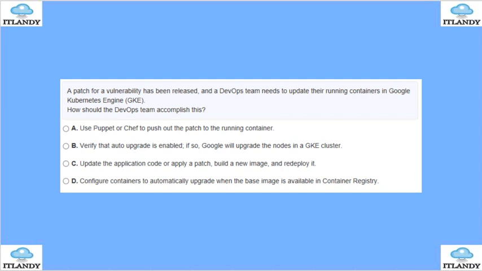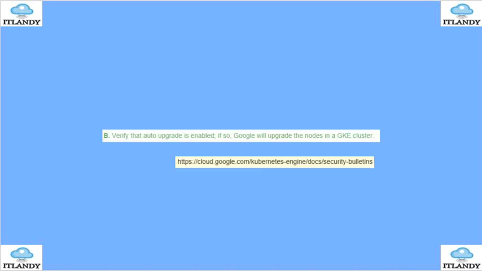I think that is what Google recommends for upgrading nodes for GKE, and the same goes for other public cloud providers like AWS and Microsoft Azure. So the answer is B: verify the auto upgrade is enabled. That should take care of the updates.